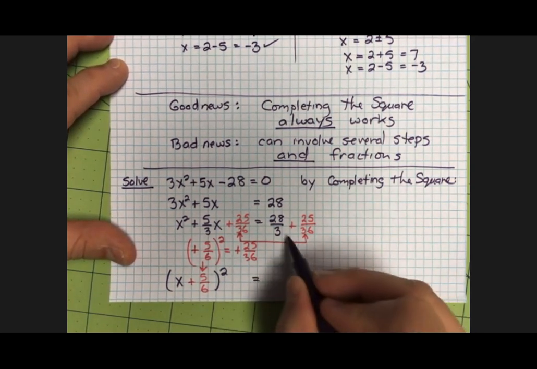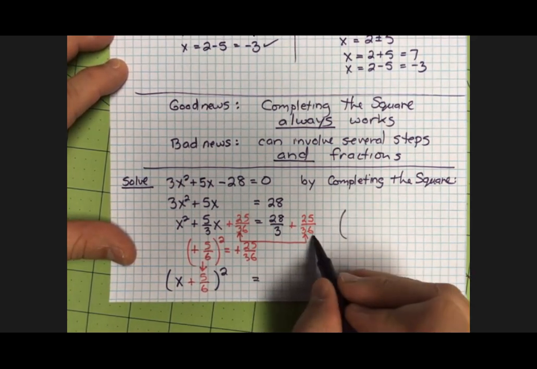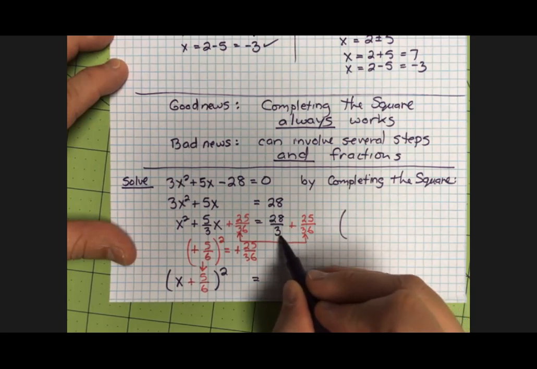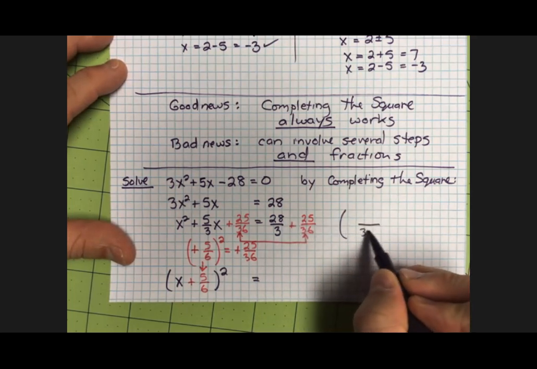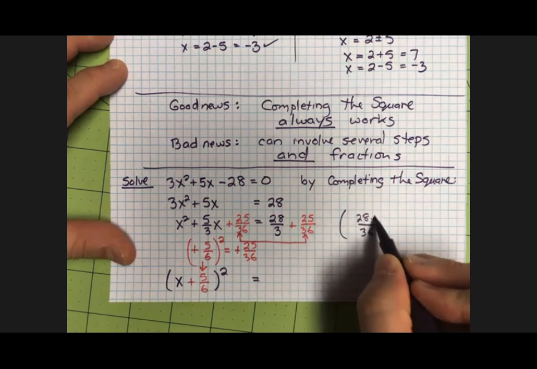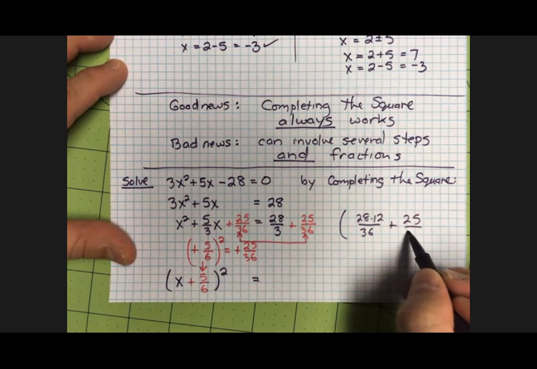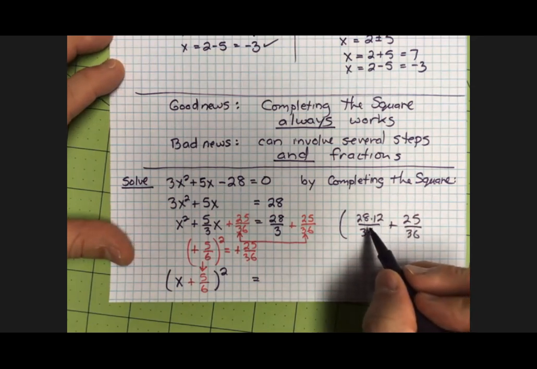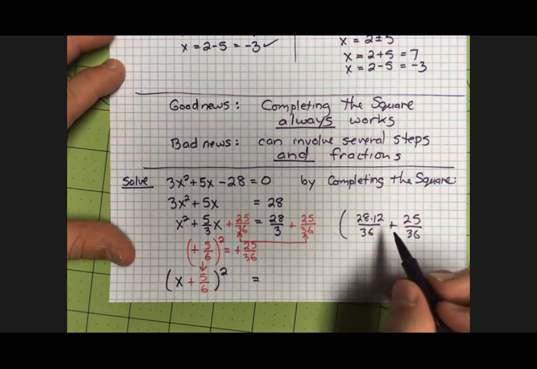I got work to do still on this side. I got to think about 36. If I multiply 3 by 12, I get 36. But I got to multiply 28 by 12. I'm not going to enjoy that, but that's the way it is. What's 28 times 12? 2, 16, 8, 280, and 56.